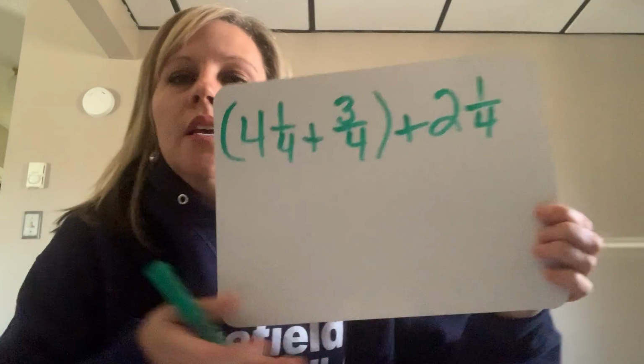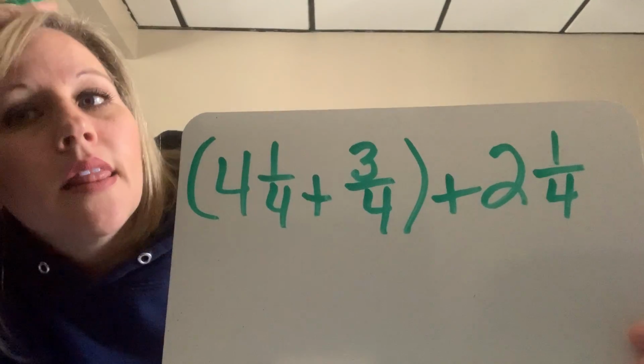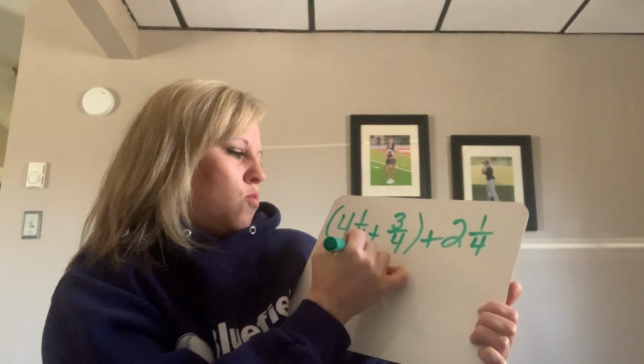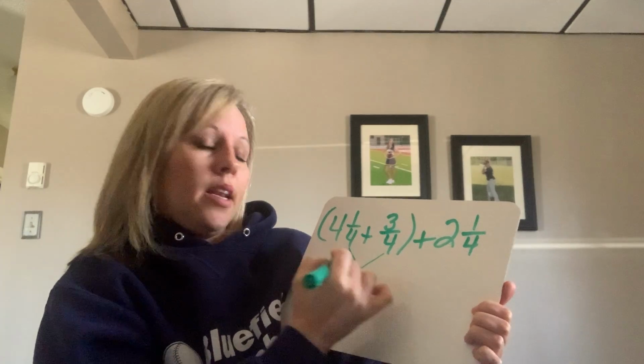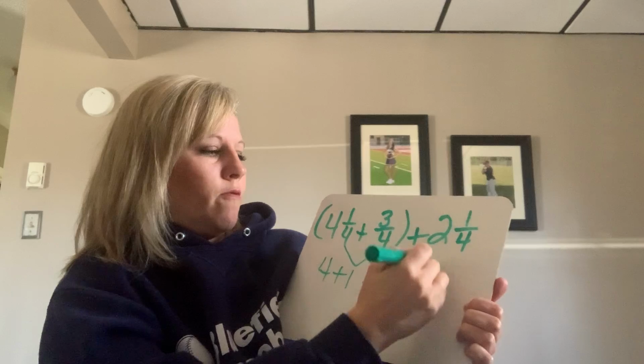Well, I'm going to go ahead and add 4 1/4 plus the 3/4. Why? I'm going to group these together using the associative property because the 1/4 and 3/4 gives me a whole. Okay, so 1/4 and 3/4 gives me 1, and then 4 plus 1, and then plus 2 1/4.